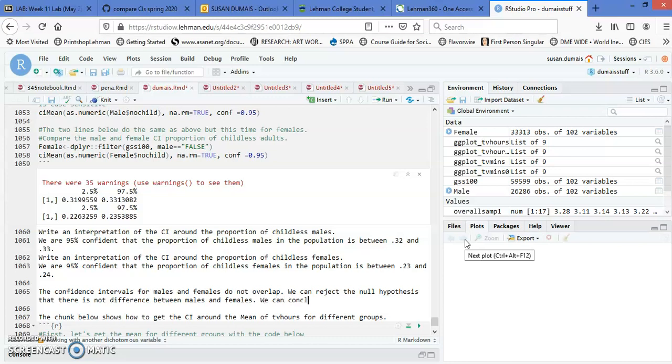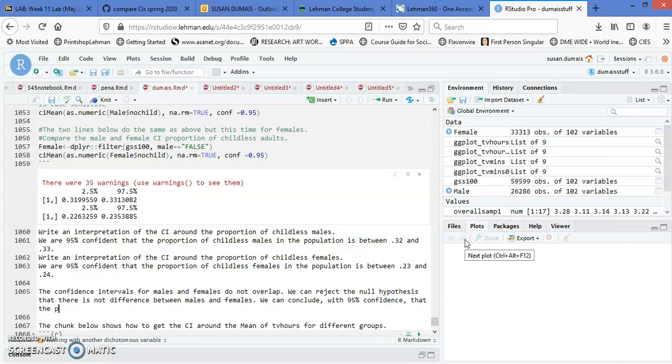We can conclude with 95% confidence that the proportion of childless men and women in the population is different. I don't know, the phrasing sounds kind of clunky there.